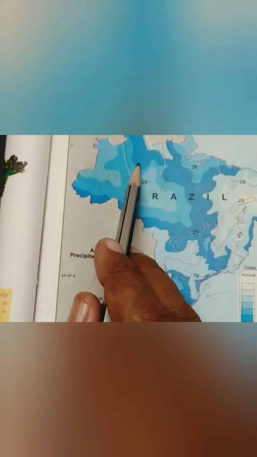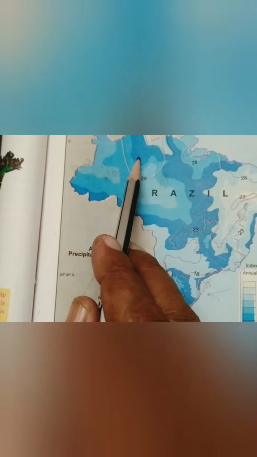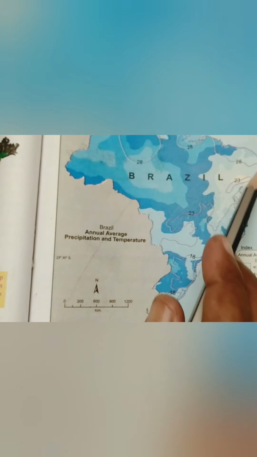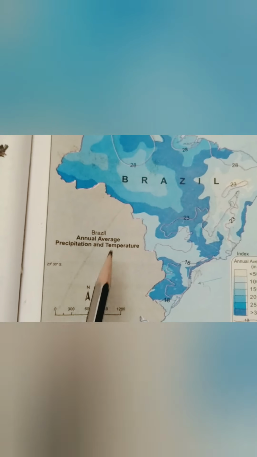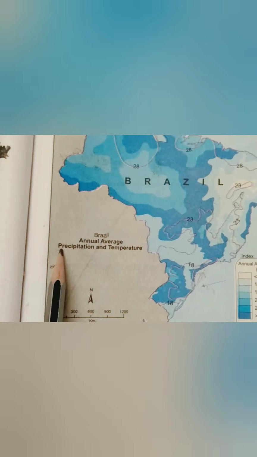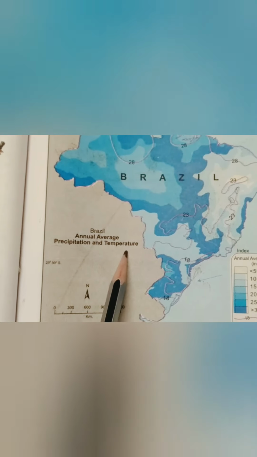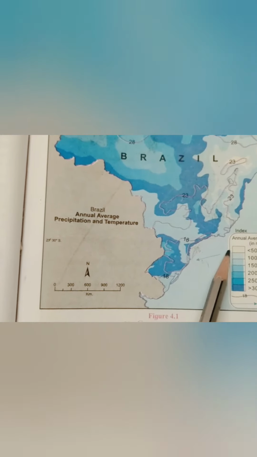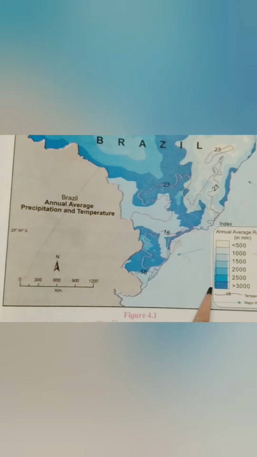Here the equator passes, therefore it is very hot, and hence it receives a lot of rainfall. So in this way, this map of Brazil gives the average precipitation, meaning the rainfall, and the temperature over here. You can have a look from this index.